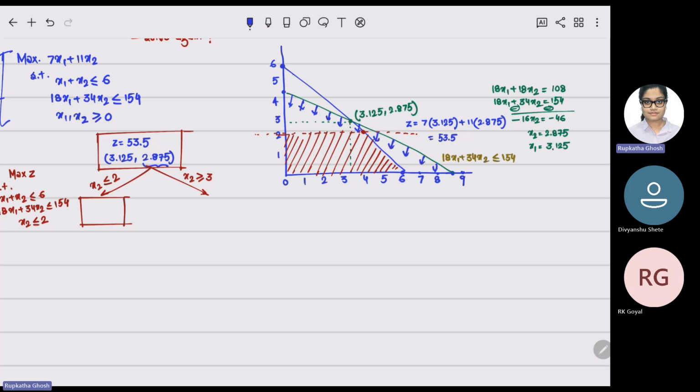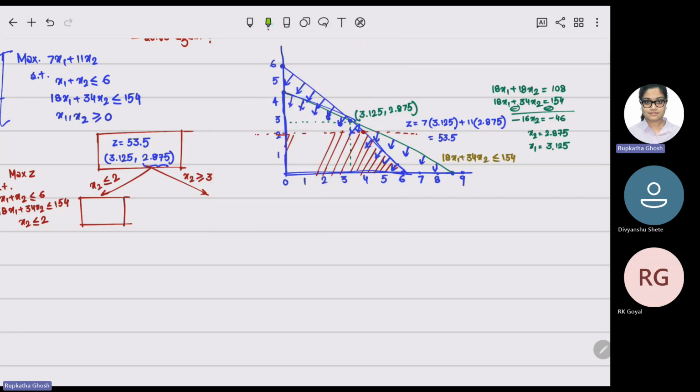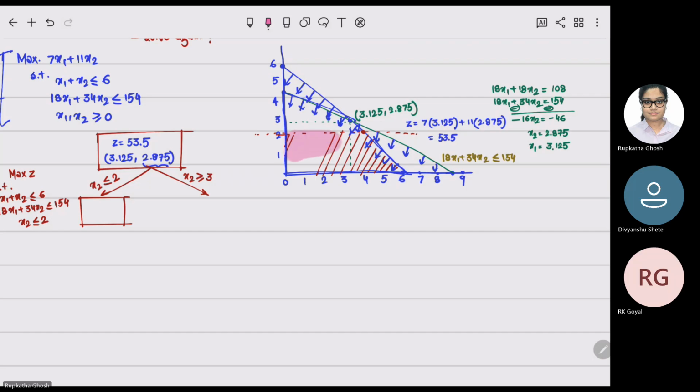And then you also have this. Why did we obtain it here? Because it was the corner point. Initially, this was your feasible solution, and now after adding this constraint, this becomes your feasible solution. Clear?